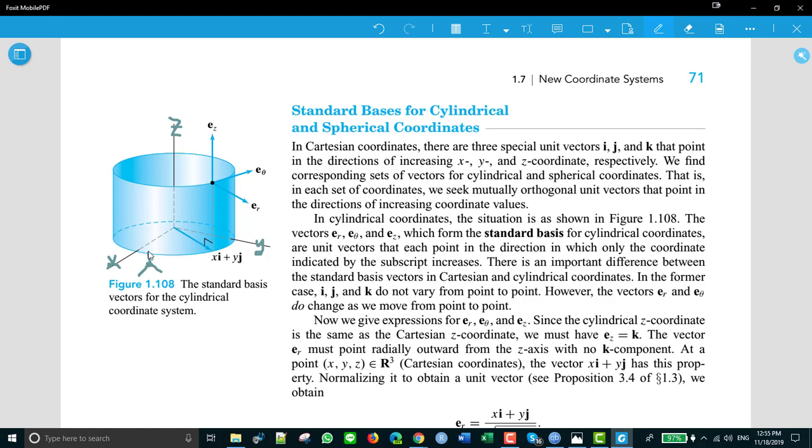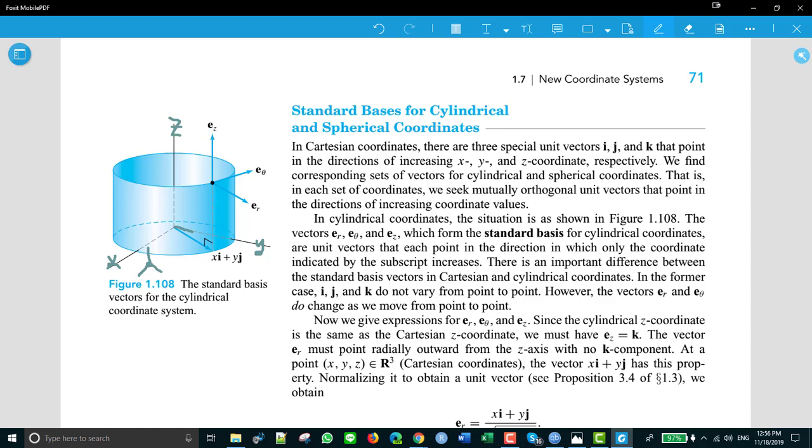If we want to increase in the y direction, we go this way. And in the z direction, this way. It doesn't matter what point we move to, these will be the same. Remember, this vector is the same as this vector, right? We said we can translate vectors to a different place. So these are pointing in the same direction, no matter which point we start at.